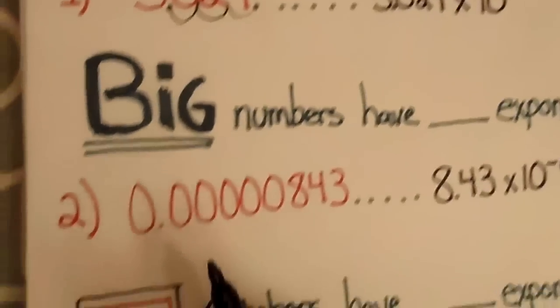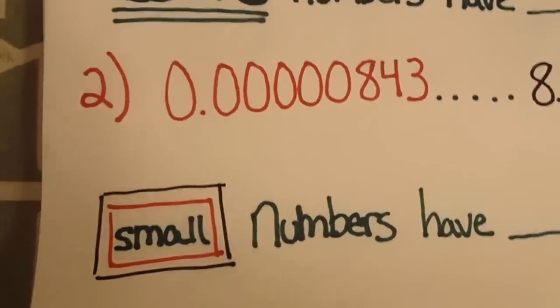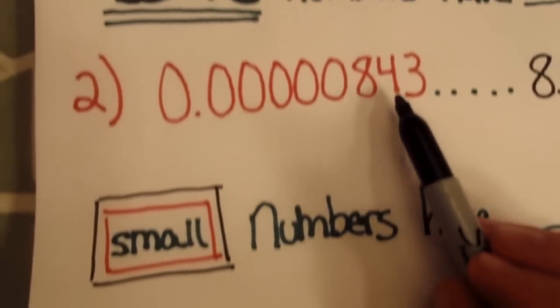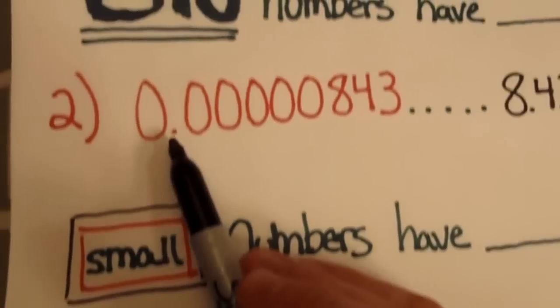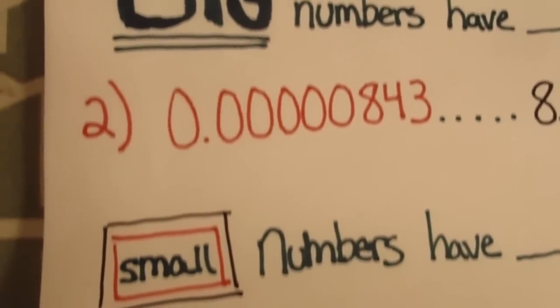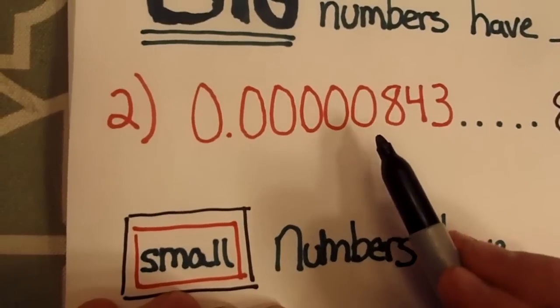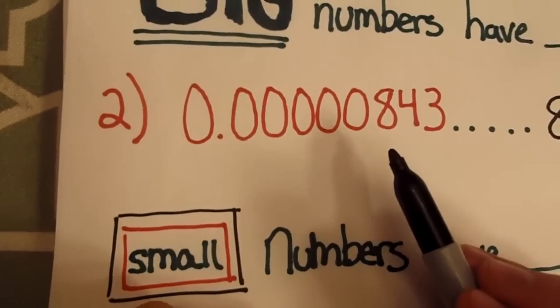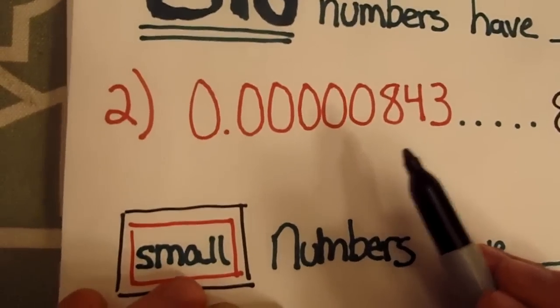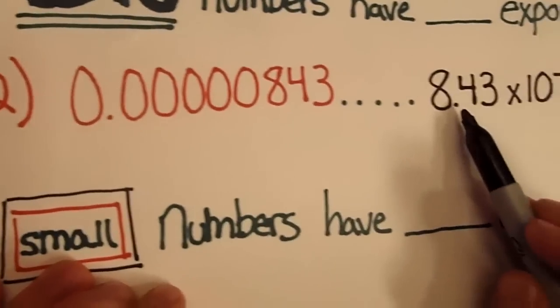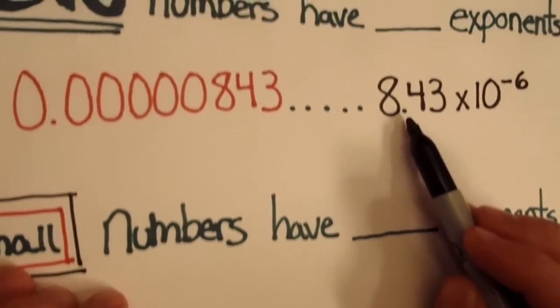Okay, so let's go on to the second one here. We have 0.000000843. My decimal point is already put right here. So just like before, we need to move our decimal point so that our new number will be between the numbers 1 and 10. So I take a look. And if we see in our answer over here, we've already put the decimal point between the 8 and the 4.